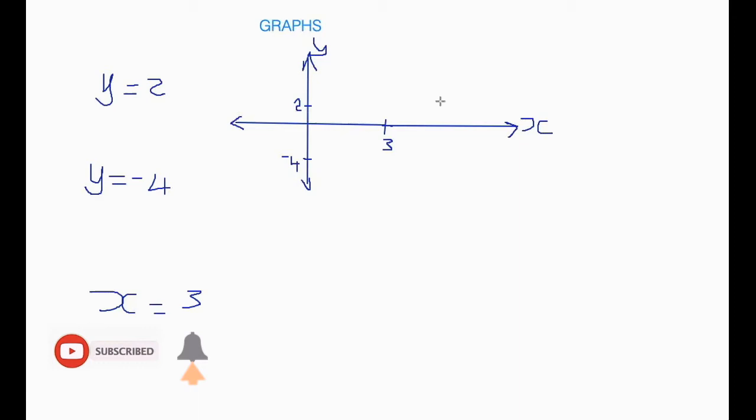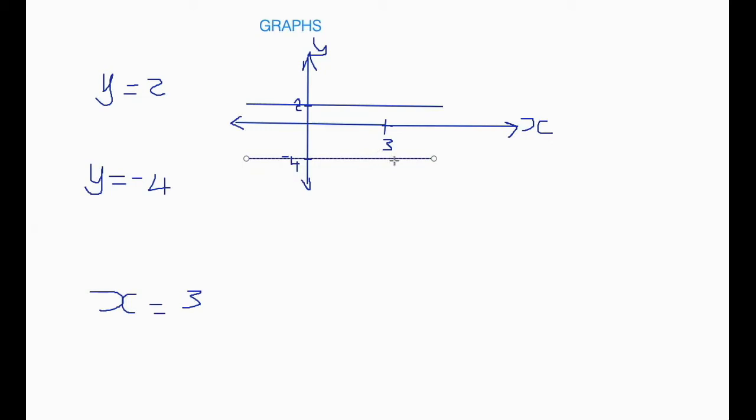Now, y equal 2 is a horizontal line going through the y-axis at 2, while y equal -4 is a horizontal line going through -4. Both of them have a gradient of 0 since only the x values are changing while y is not changing.